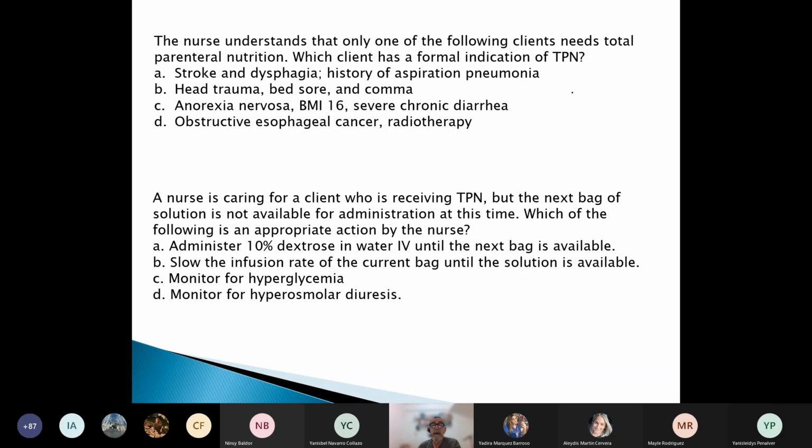Okay, so for that reason, as a protocol that the nurse must know and is tested in NCLEX, because as I said, those are topics that have been tested, you are supposed to know my explanation: this patient has hyperinsulinism, and when the TPN is interrupted so abruptly, the patient is at risk of developing hypoglycemia.